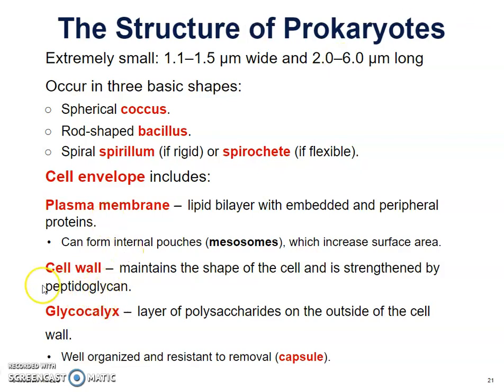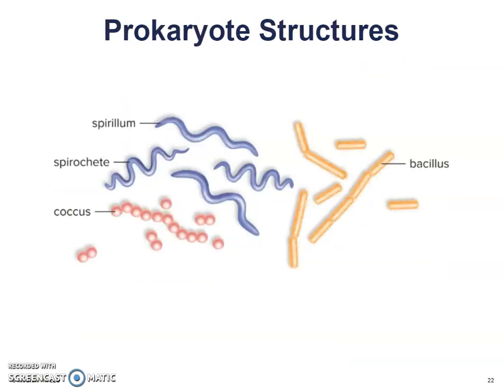Glycan meaning a sugar, pepto meaning like polypeptide, so protein, sugar, and a layer of polysaccharides on the outside of the cell wall. Okay, it's very well organized and it's very resistant to removal. Okay, this is also known as the capsule. All right, and it's like the outside layer of the cell of the prokaryote that protects it.